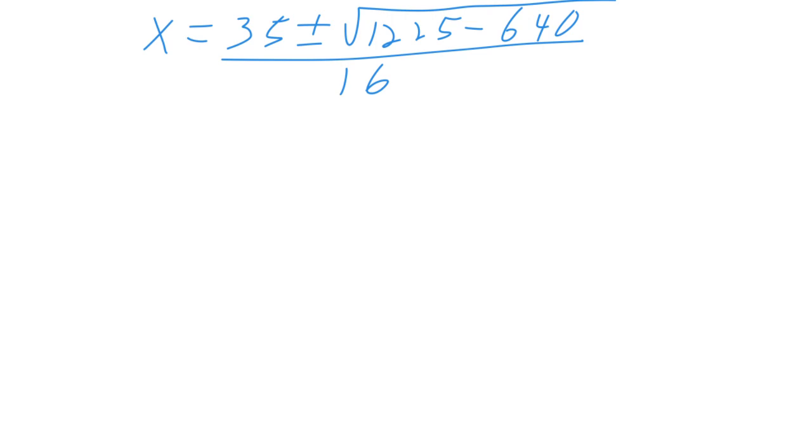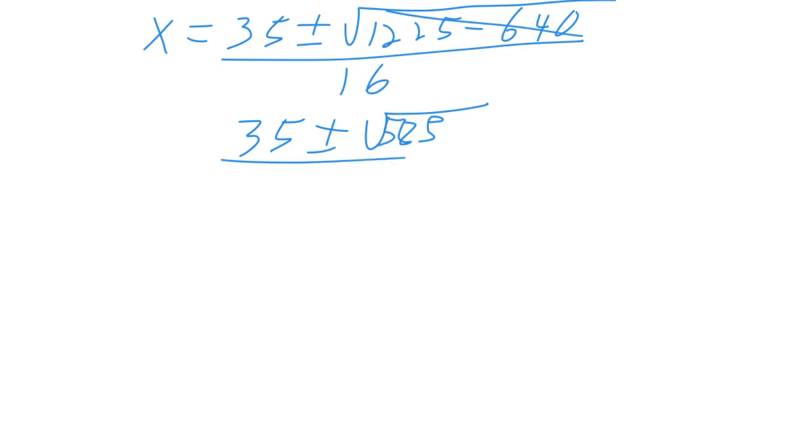Okay, we're on the next page, and now we've still got to do some math. 1225 minus 640 is 585. 585 over 16.